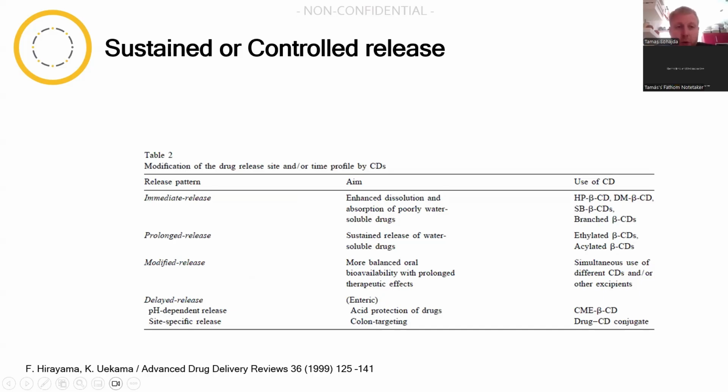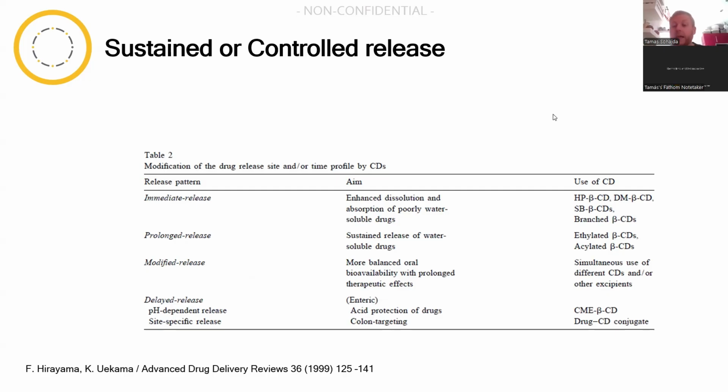There are a few initiatives to use modified cyclodextrins to counteract the drawbacks that the marketed derivatives cannot achieve. So as we said, sustained or controlled release is not a possibility with current cyclodextrins. We can create cyclodextrins that can have a sustained or controlled release.